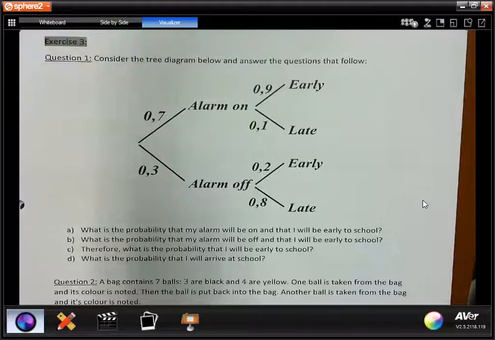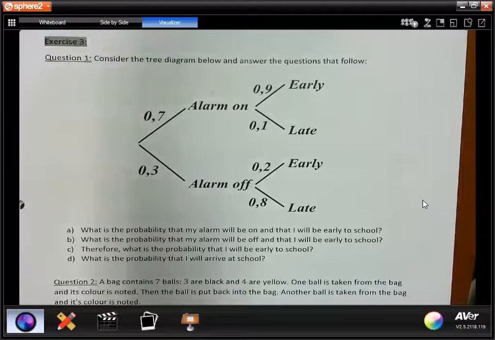If your alarm is on, you have a 0.9 chance, a 90% chance, of being early, but you still have a 10% chance of coming late. That's true. If your alarm is off, do we see that it's very different? Only a 0.2 chance, a 20% chance of being early and an 80% chance of being late. That's what they're giving you. You need to work with those values.